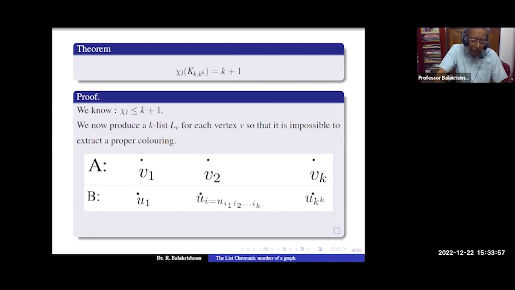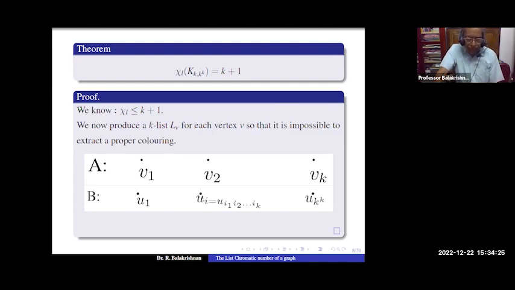The middle one you call some Ui, which you may write as U i1 i2 ik. Because totally there are k to the power k vertices, each ij takes k values. Accordingly, you can list them starting from 1, 1, 1, 1, finally k, k, k, k, and so on. So you will get k to the power k listings.